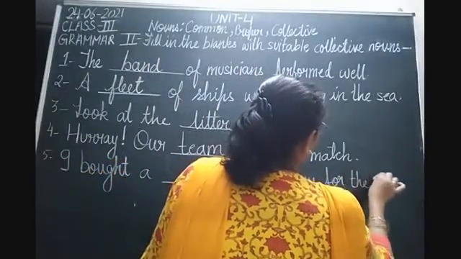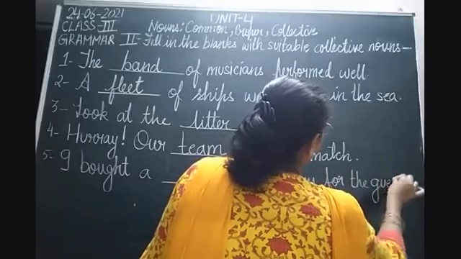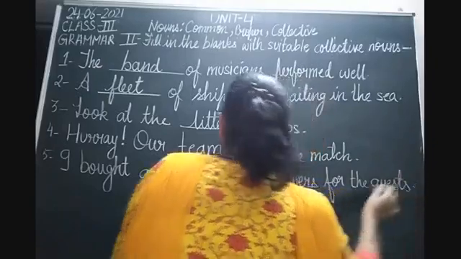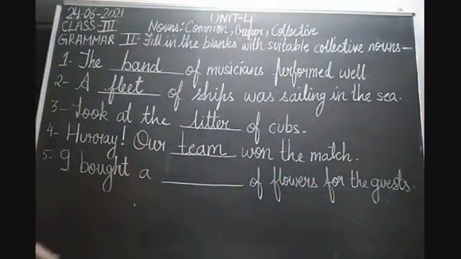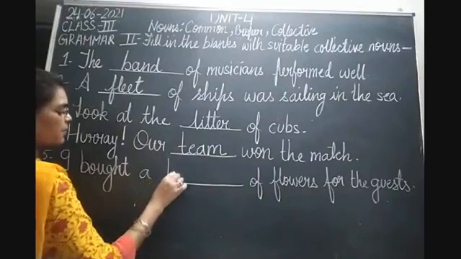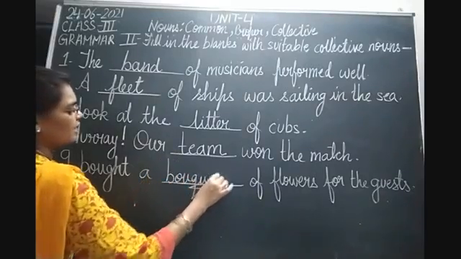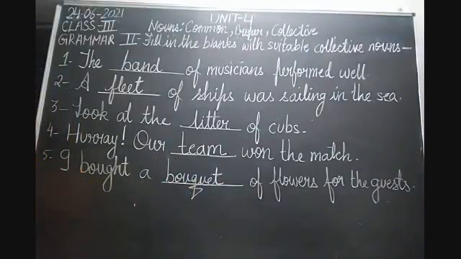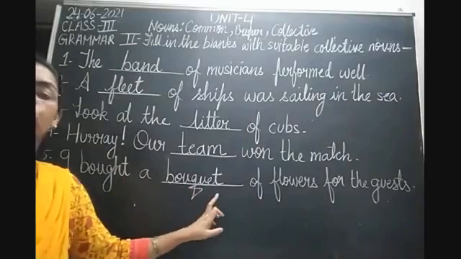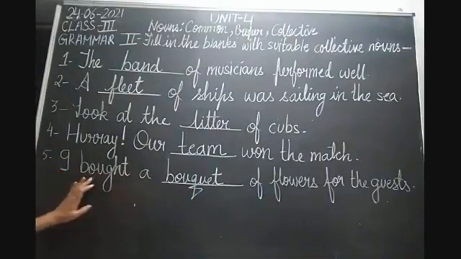I bought a dash of flowers for the guest. So for flowers, which collective noun we use? Bouquet. B-O-U-Q-U-E-T. Please all of you write the correct spelling of bouquet. B-O-U-Q-U-E-T, bouquet. So I bought a bouquet of flowers for the guest.